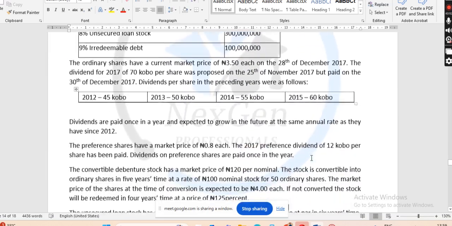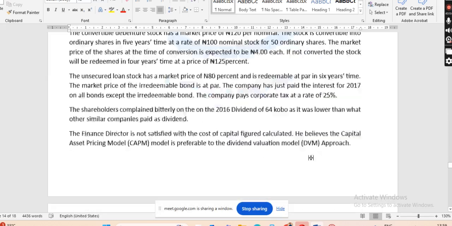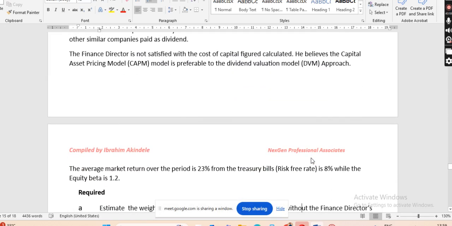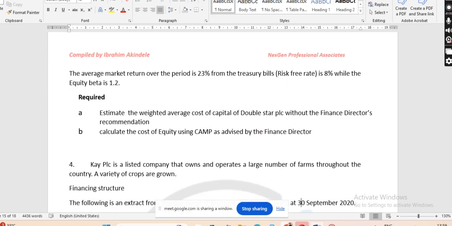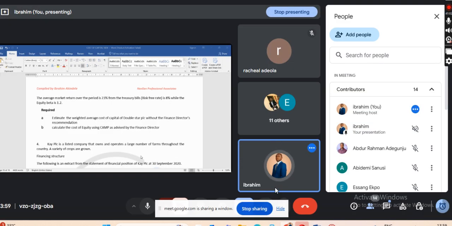We may likely do it in our next class, which is Wednesday. We will just solve about three questions under the cost of capital.